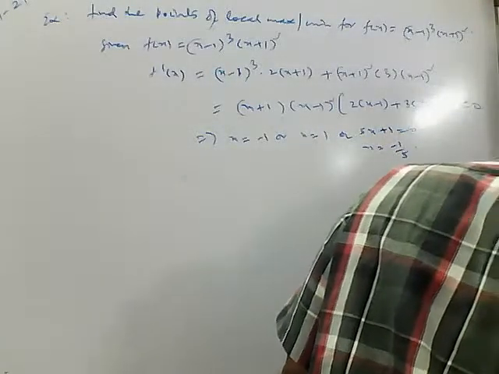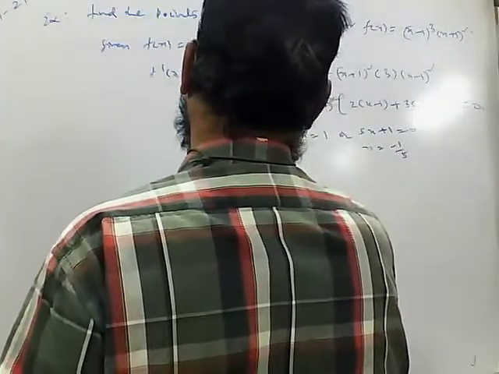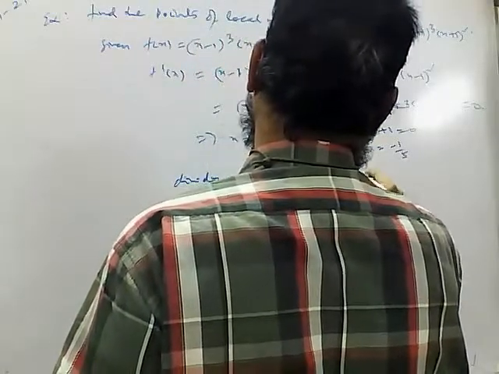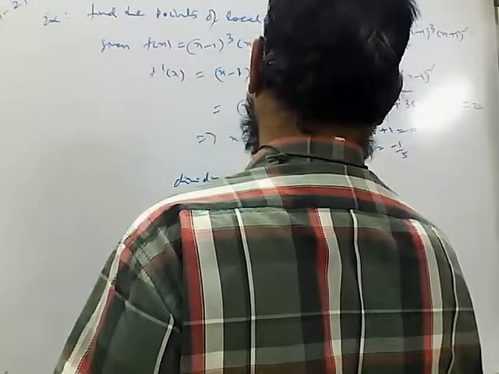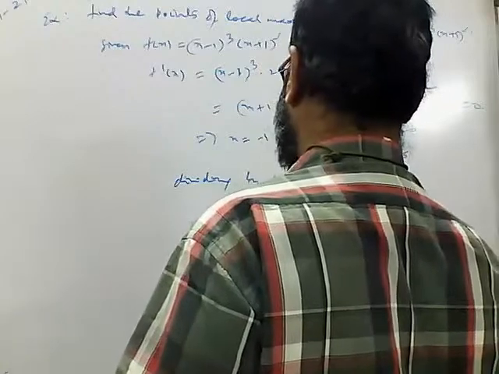So divide the number line: minus 1, 0, 1, minus 1 by 5.